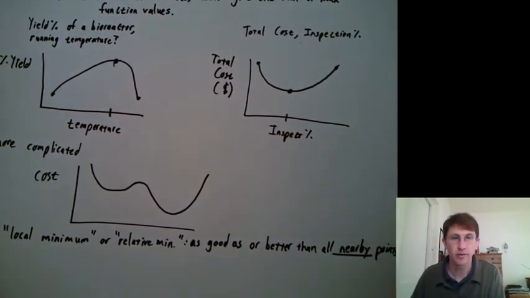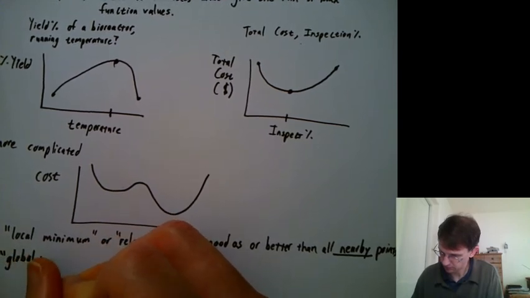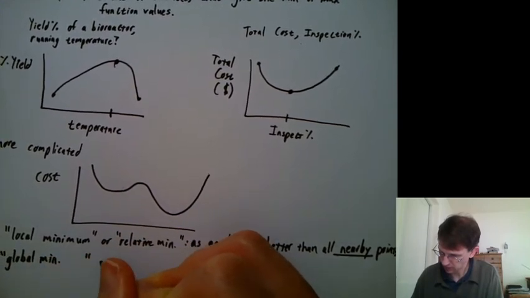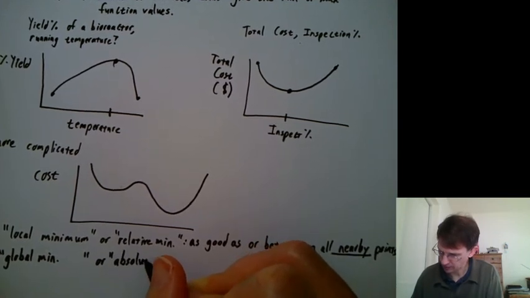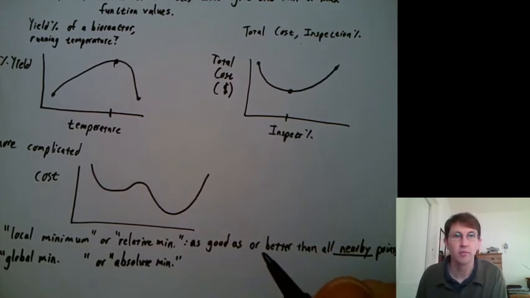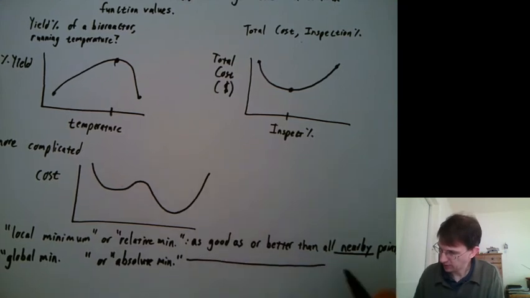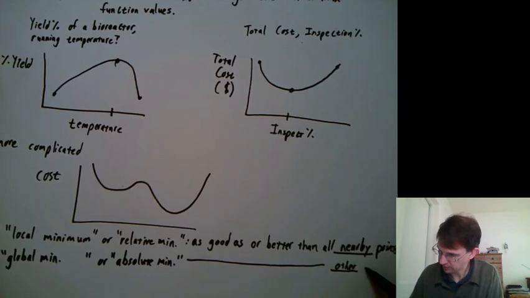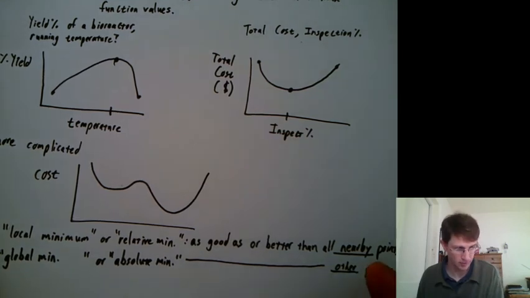And then we often contrast that with a global minimum, which is also sometimes called an absolute minimum. I don't like that term because it's not involving absolute values at all, but some people will still like to call it that. And that's as good as or better than all other points. So not just nearby points, but all points for the problem altogether.